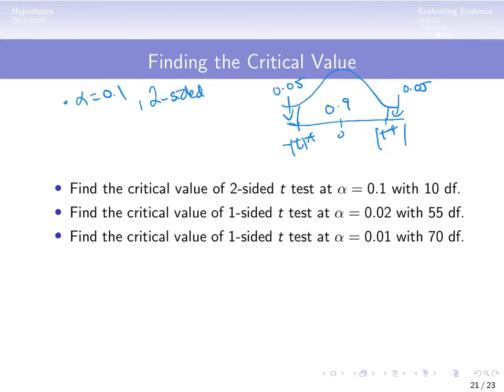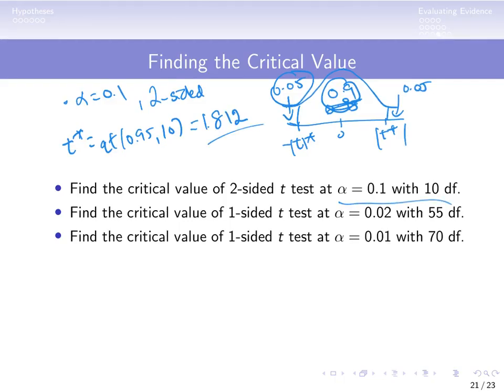And this middle area has to be 0.9, because the entire area has to add up to 1. So t star will be found using qt of 0.95, 10, because the percentile is 0.9 plus 0.05, which will give us 1.812. So in such a setting, the critical value is 1.812. If your test statistic is larger than that in magnitude, we would reject the null hypothesis.